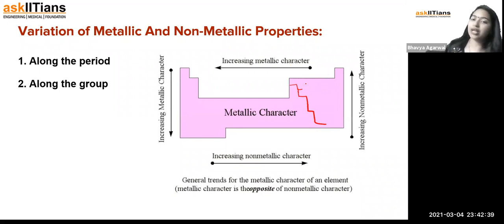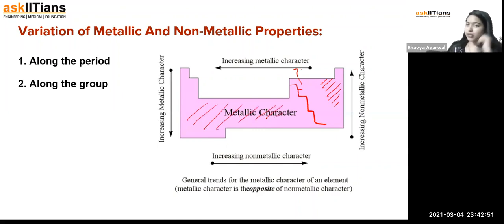In our previous class we discussed that it is the staircase which represents your metalloids. Everything lying to the right hand side will be non-metallic and the left side will be metallic. So it is the metalloid which will act as a barrier or as a lining between metals and non-metals.